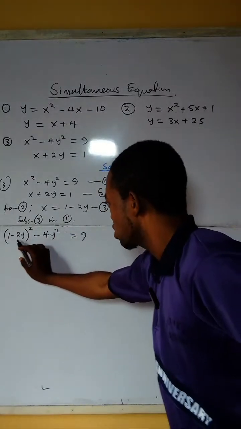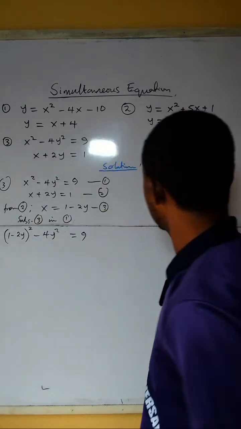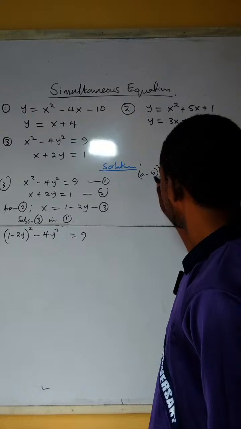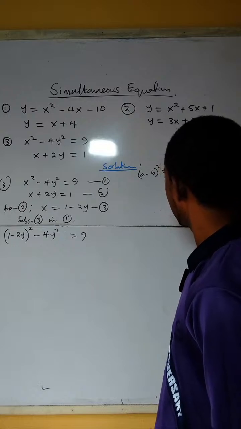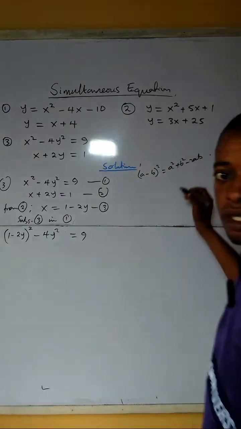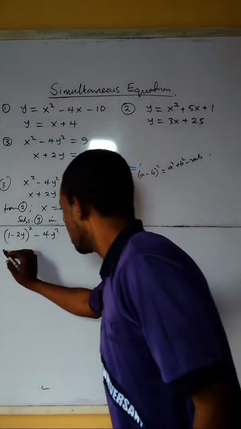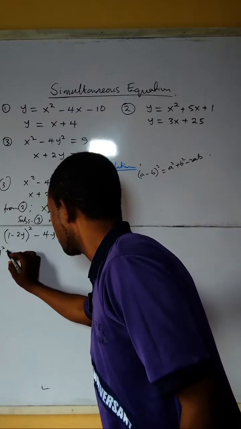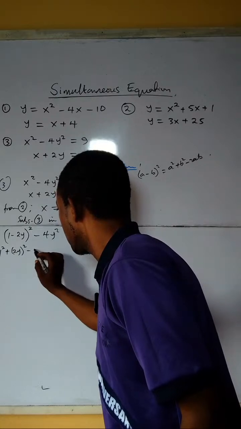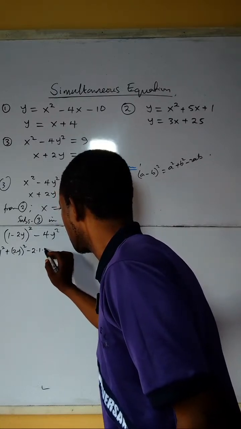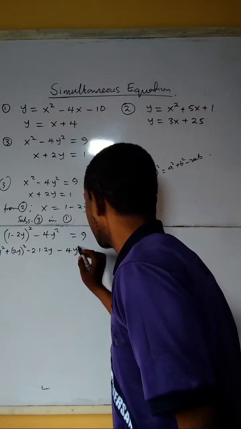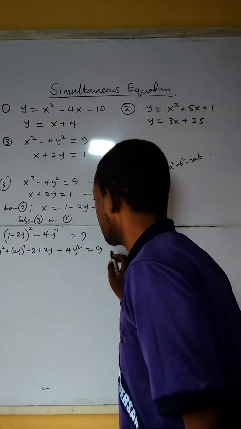Then here, the expansion will follow from where we have a minus b all squared, which is the same thing as a squared plus b squared minus 2ab. That is, what we have here is the same thing as 1 squared plus 2y all squared, then minus 2 times 1 times 2y, then minus 4y squared, which equals 9 on this side.